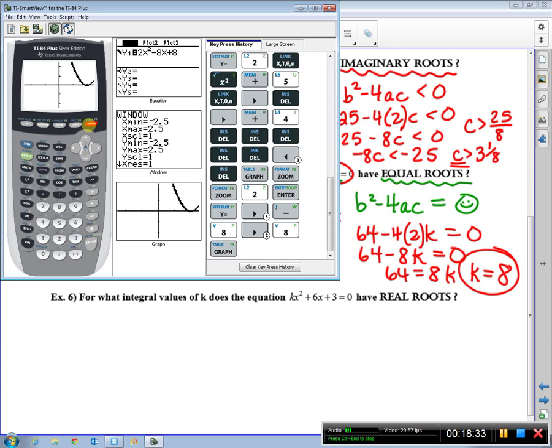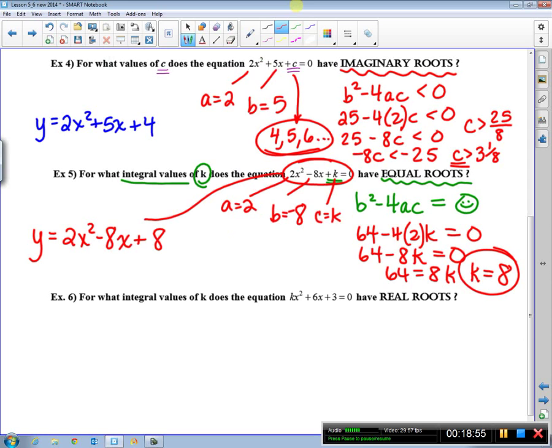There it is. My picture was not right. Might want to zoom back out, zoom 6. It's going to come down and just hit once, just at that one point on the axis of symmetry at the vertex. All right, last one, working with the discriminant again.